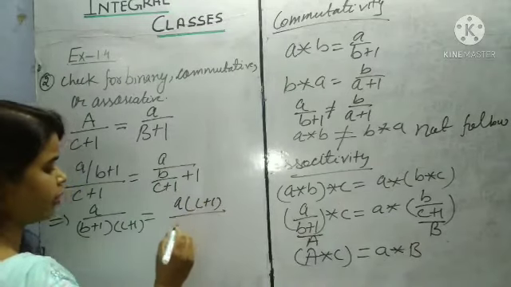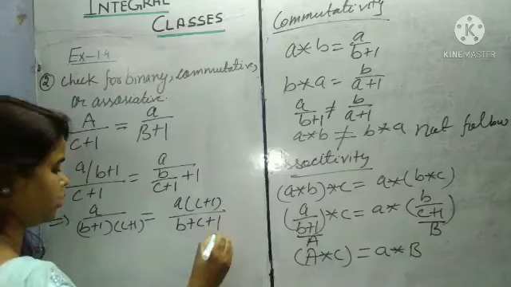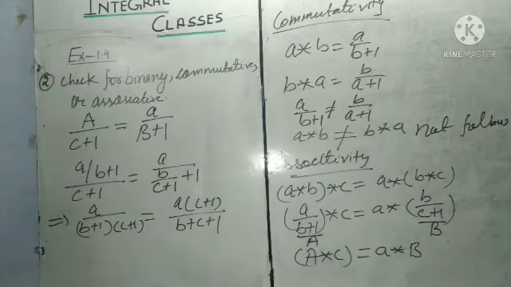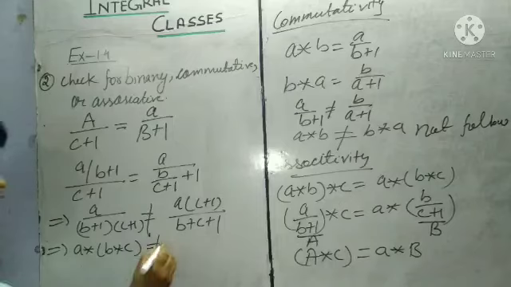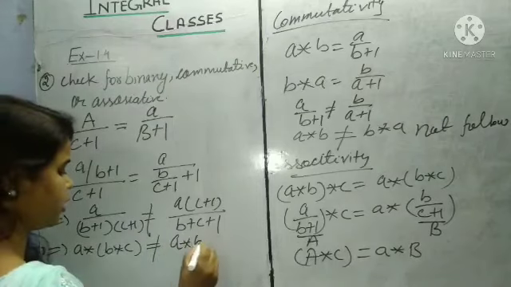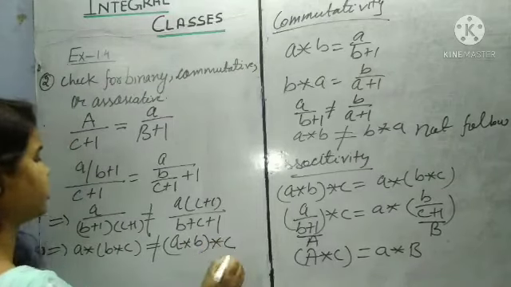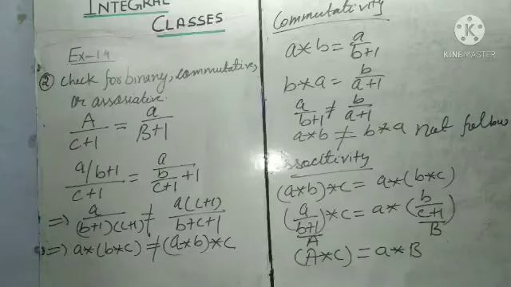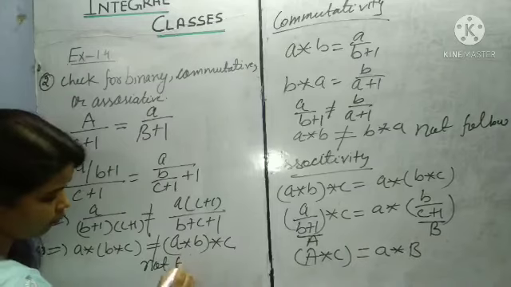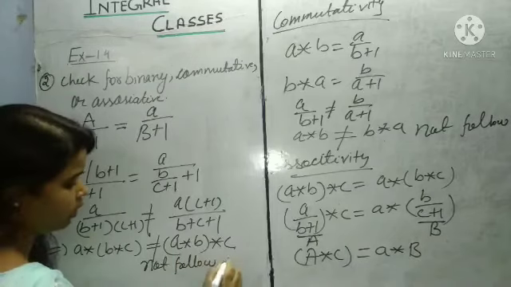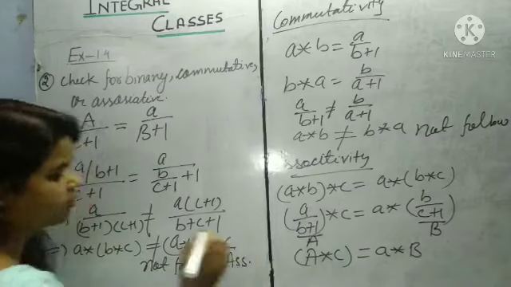Take LCM, denominator B plus C plus B. Are they equal? They are not equal. So A star B star C is not equal to A star B star C. It means they don't follow associativity.